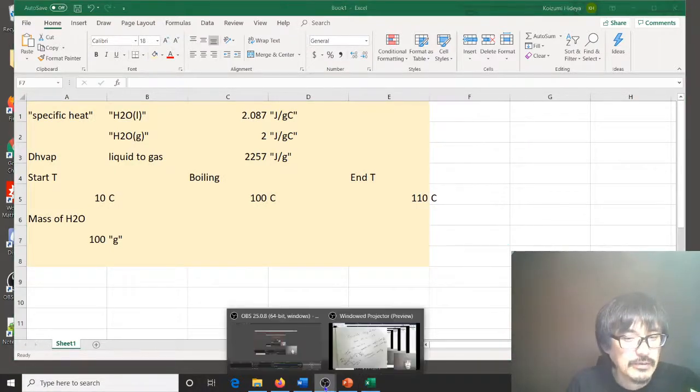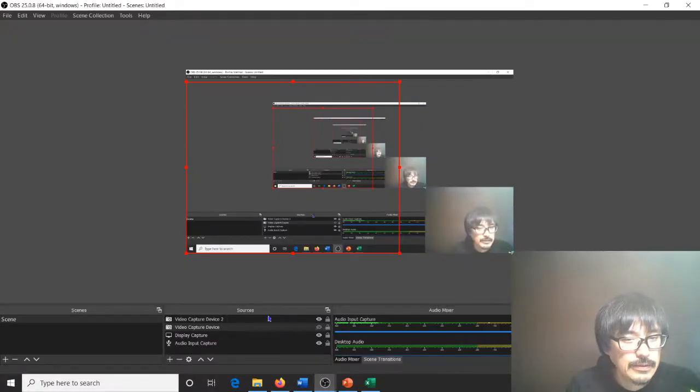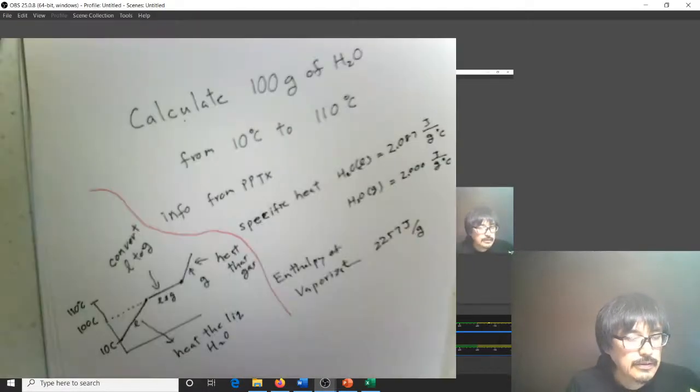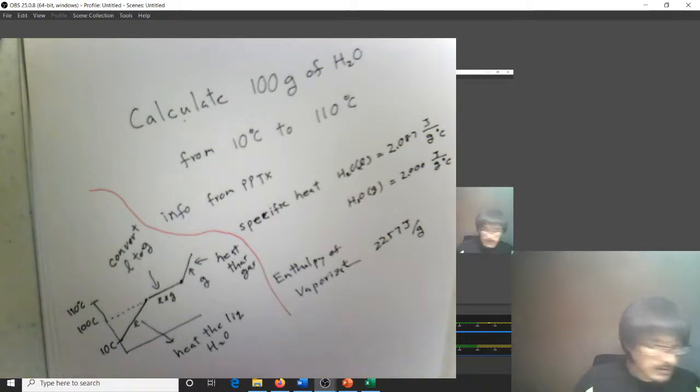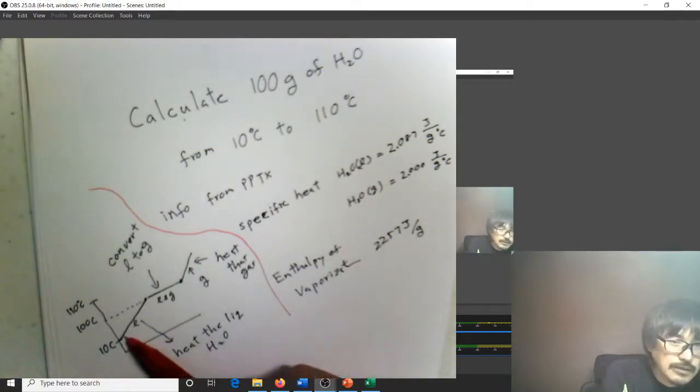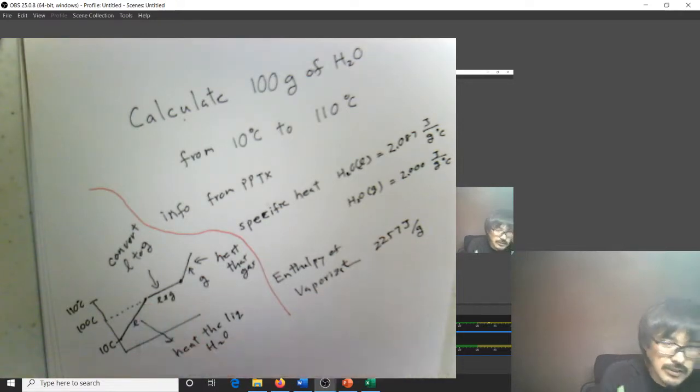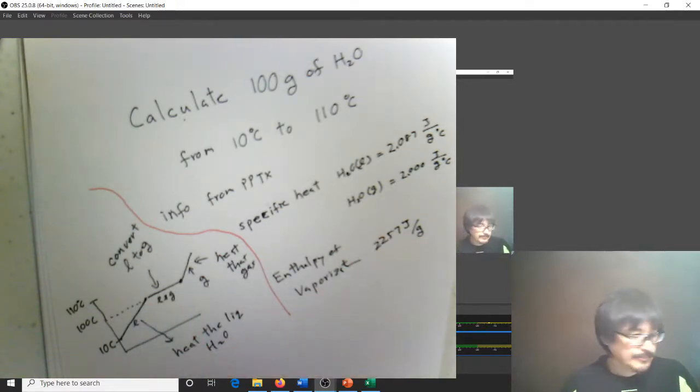So we are going to deal with this process going from 10 degrees Celsius to 100 degrees Celsius, right? It's all liquid. It's 100% liquid.